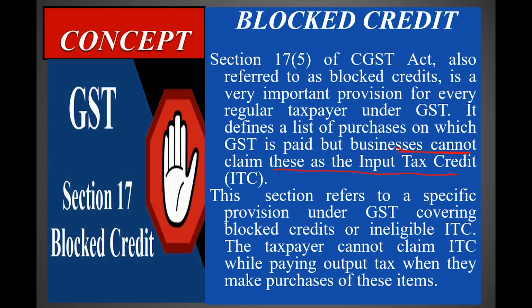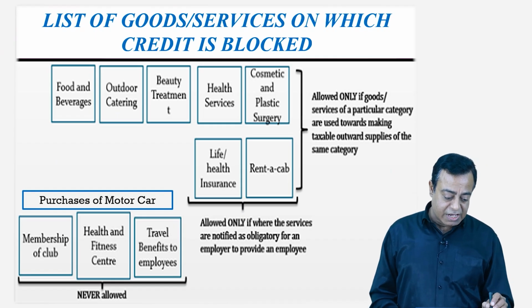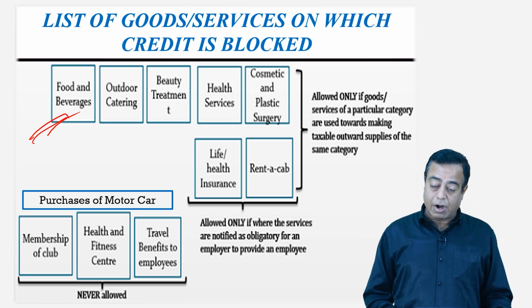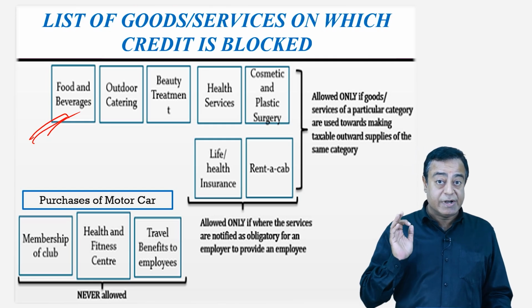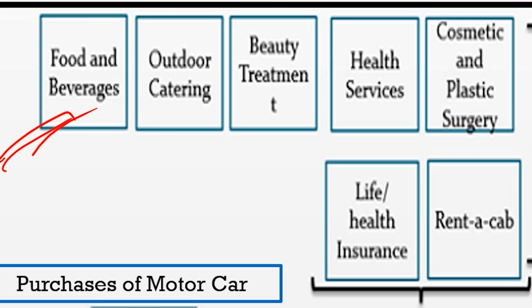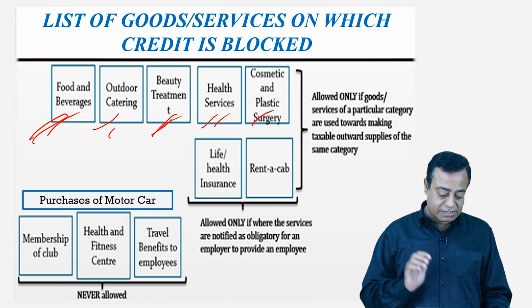Here we have the main important transactions on which we already paid the GST, but we cannot claim the ITC. First, if a trader pays any expense on food and beverage or outdoor catering, even if it is for business, they cannot claim the ITC. Next, beauty treatment, health services, cosmetic and plastic surgery paid for any particular worker or employee are not allowed for claiming ITC.